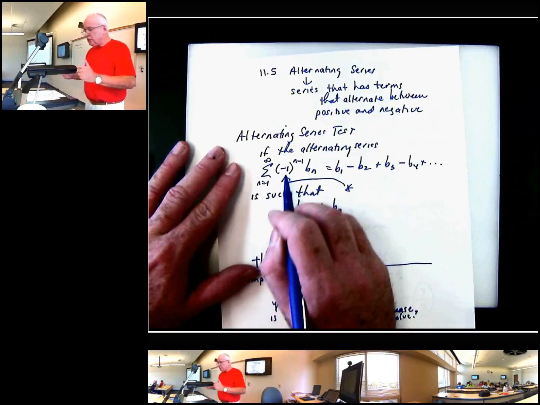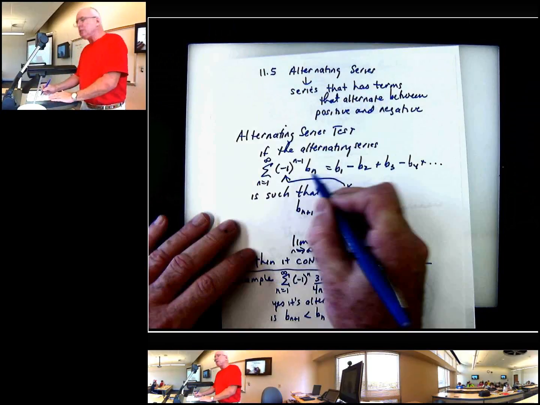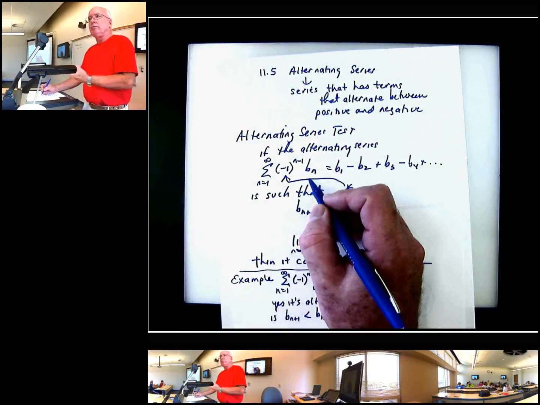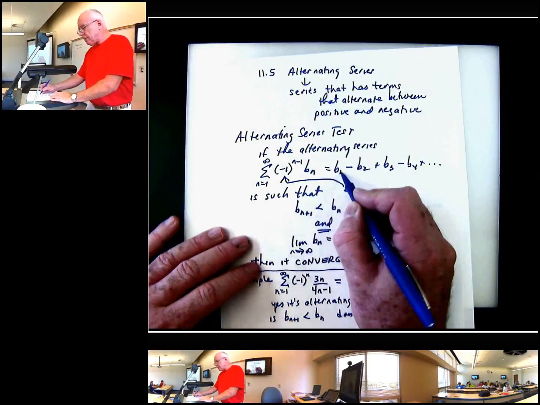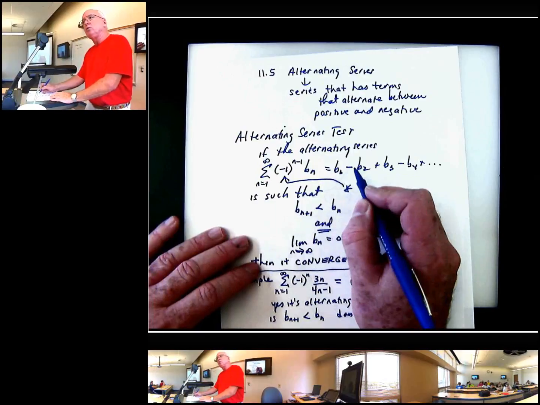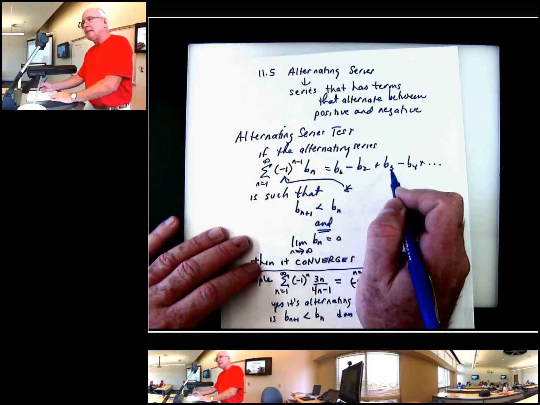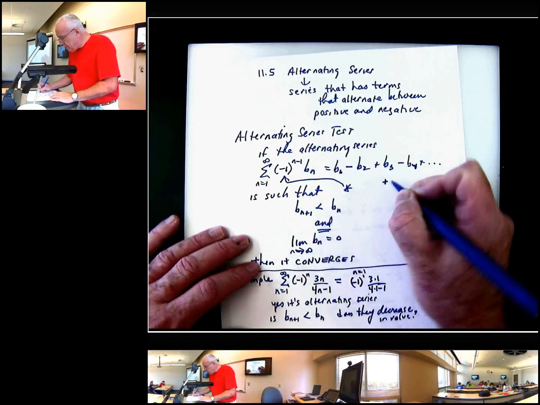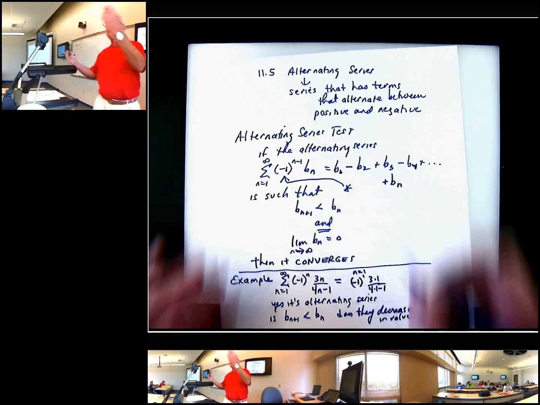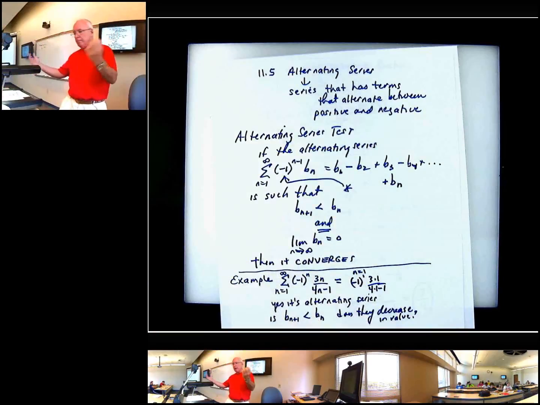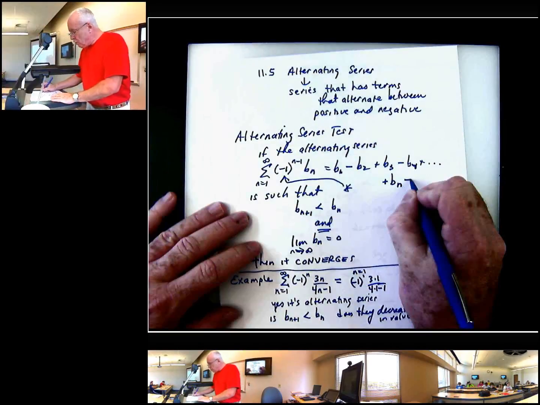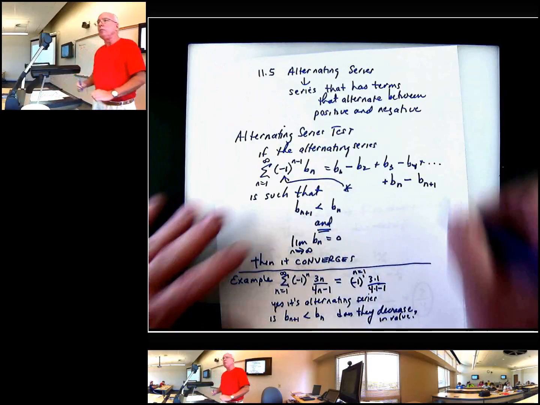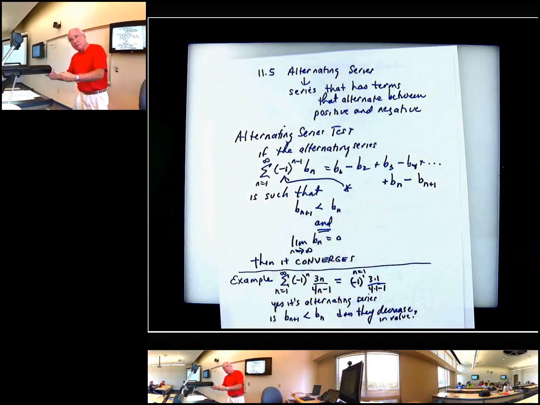We've got the minus 1 to the n minus 1, multiplying something that we call b sub n. Notice it starts out at positive b1, then minus b2, then positive b3, etc. Here b sub n, where n stands for some positive number, and the term after that has as a subscript the next positive whole number, which is n plus 1.